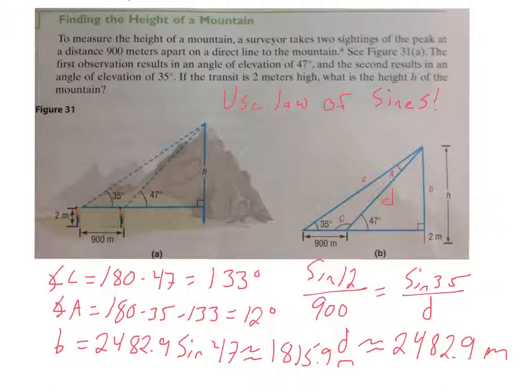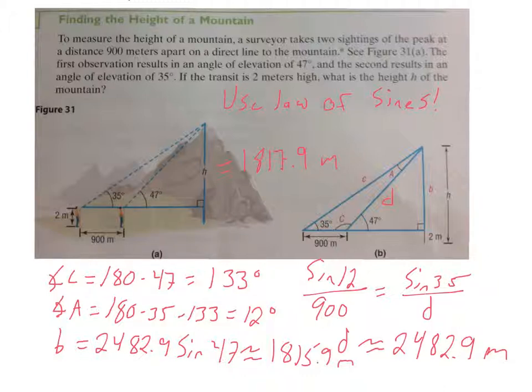And so the mountain itself, h, is going to equal that plus 2, so 1,817.9 meters once I add the additional 2 meters for the height of the guy here. And that's the height of our mountain, 1,817.9 meters tall.